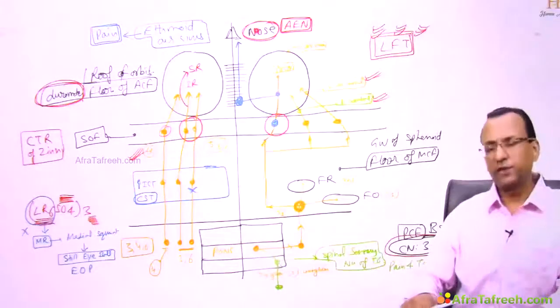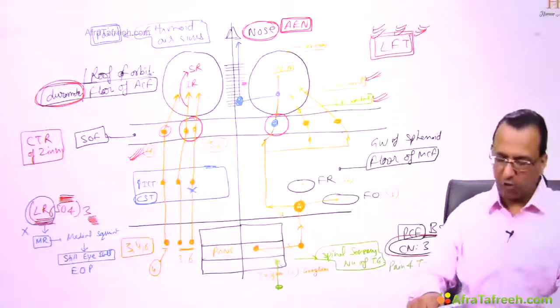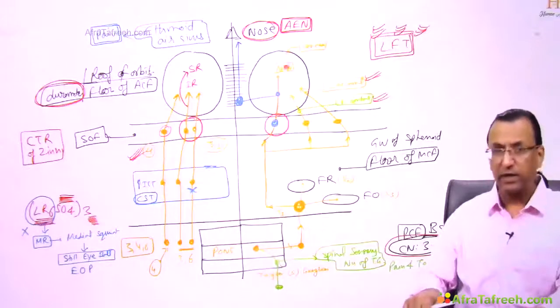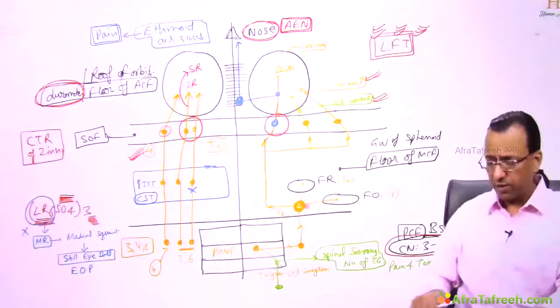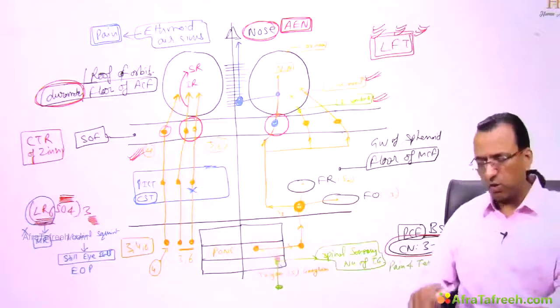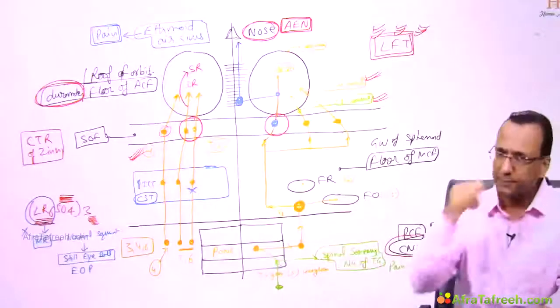It is carried by the anterior ethmoidal nerve towards the nasociliary nerve, towards the ophthalmic nerve, towards the trigeminal nerve and towards the spinal sensory nucleus of the trigeminal. That is all we wanted to discuss here.